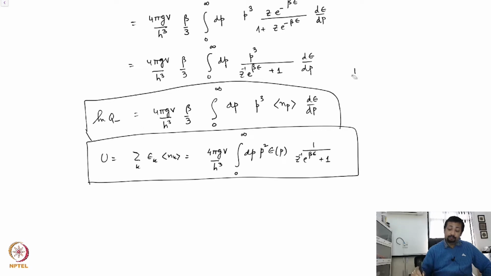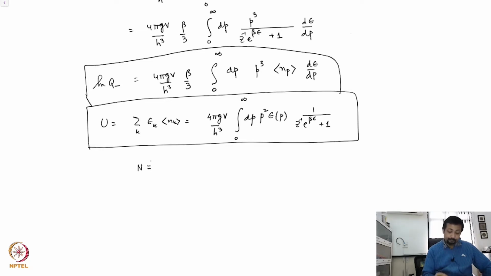is going to be sum over k average of nk, and this will give you the same result that we obtained when we did the degenerate Fermi gas. So this is going to be 4 pi gv over h cube, 0 to infinity dp p square 1 over z inverse e to the power beta epsilon plus 1.